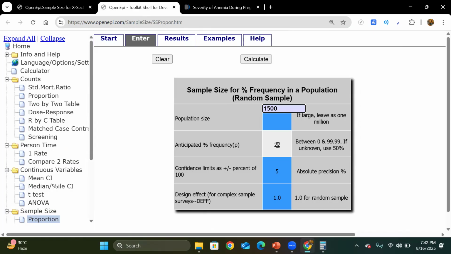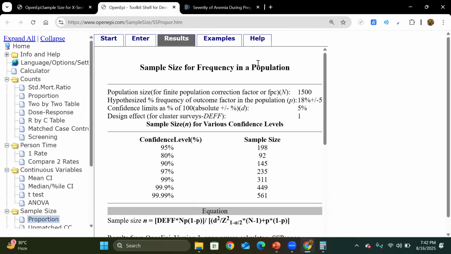And the frequency was 18% anemia. I calculate it, and it says you should collect data from 198 females to represent this population if the anemia frequency is around 18%. So that's how you calculate the sample size using this software.